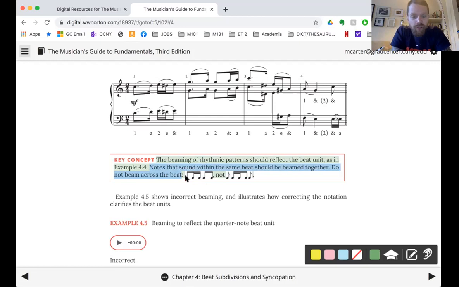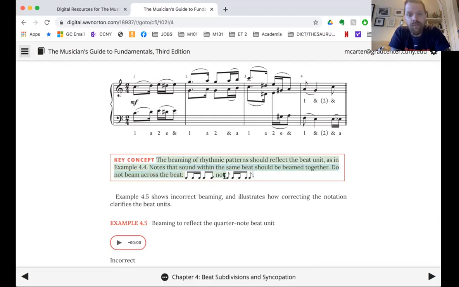Pay attention though, what's happening here? We have 8th, 2 16ths, 2 8ths. 1 8th note, 2 16ths, and 2 8th notes. So this is what you should not do, is beam it as it shows you here, right? Now you might say, well, what's the difference? This is 1 8th note, 2 16ths, and then 2 8th notes, just like this one.